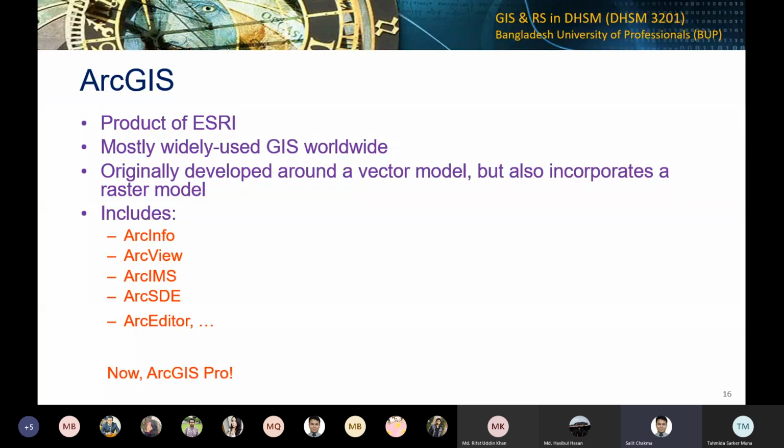The reason is since ArcGIS is a commercial software, that means there is customer support. So anytime you face any problem with the software, you can always contact the customer support, and the customer support will be trying to help you to solve that problem because that's their job, that's their product.